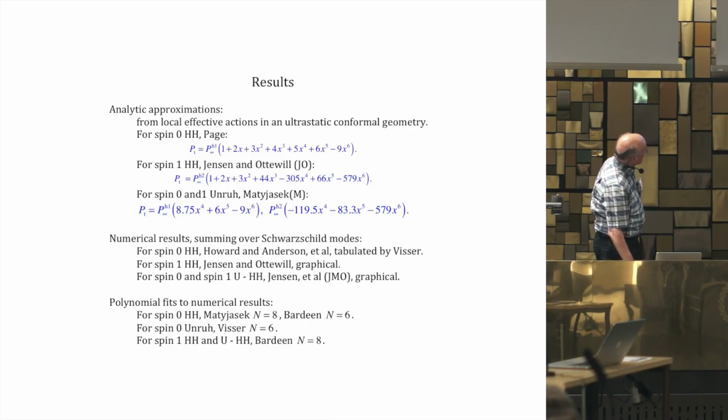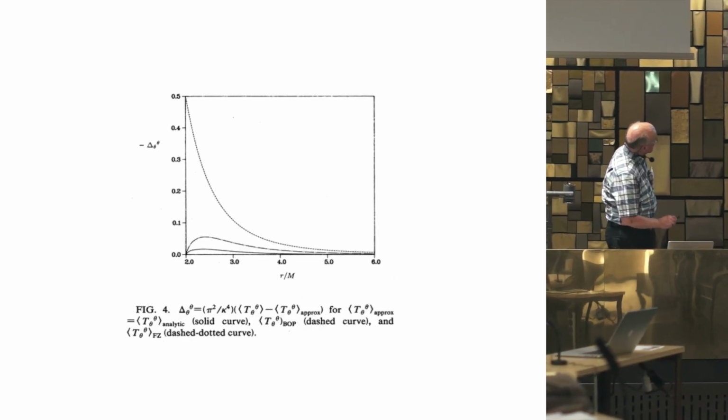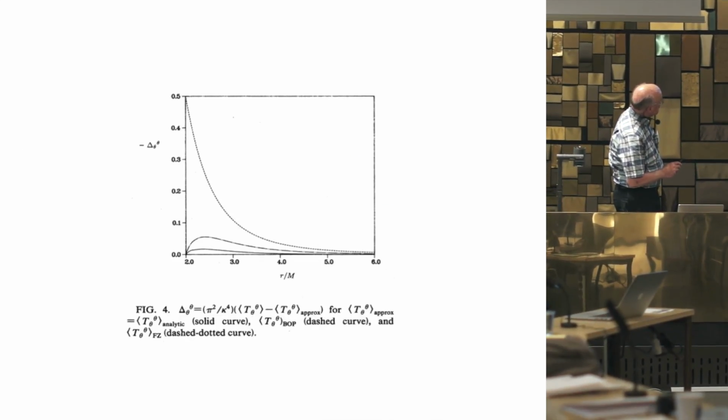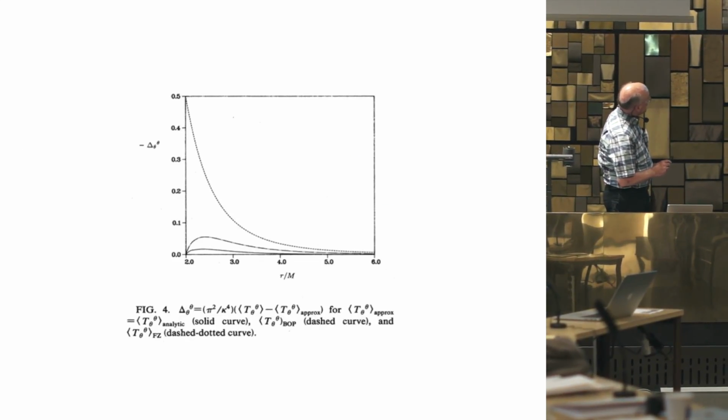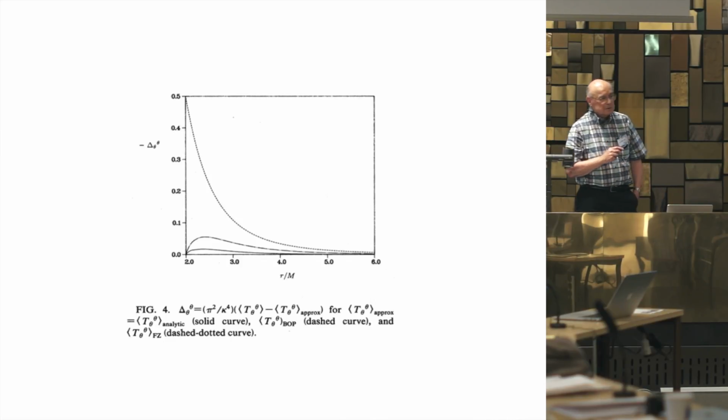So, okay, this is a figure from Jensen and Ottewell. What they're plotting here, this delta theta theta, is essentially the difference between their numerical result for the transverse stress and their analytic formula for the transverse stress. So what their actual results are is this little curve at the bottom here.